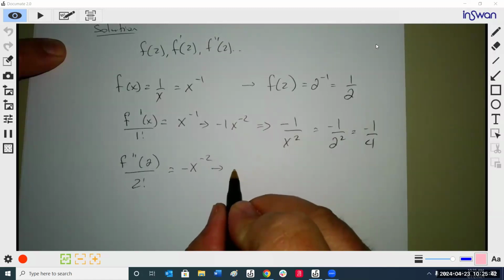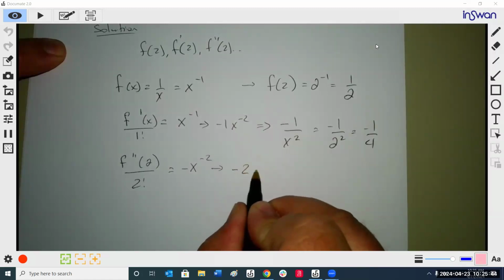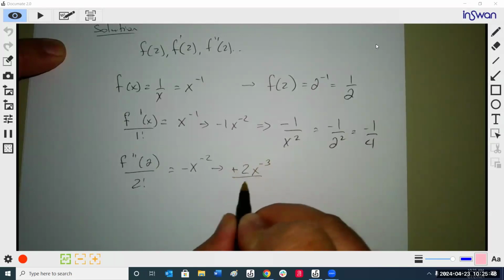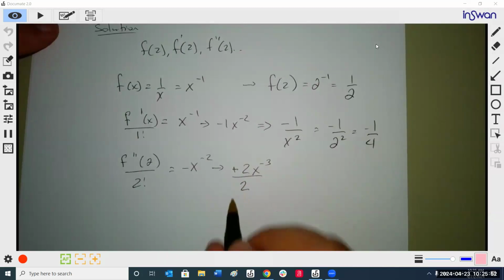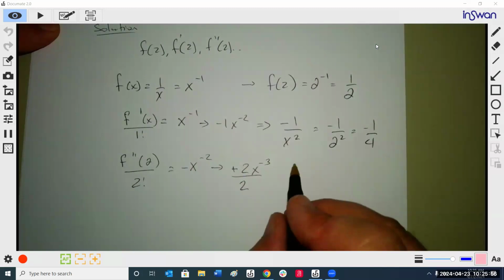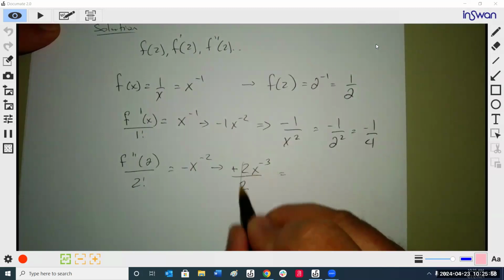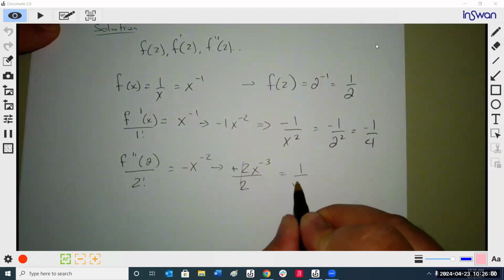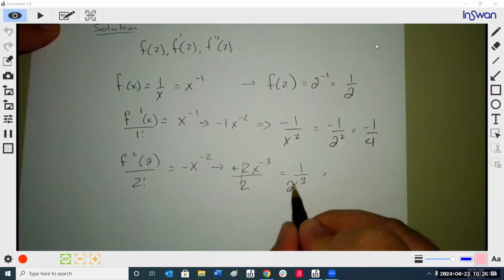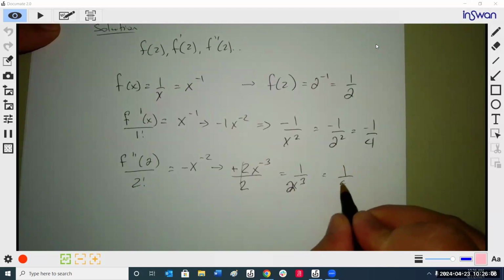The derivative of that makes it negative 2, positive 2 over 2 cubed. One over x cubed, 1 over 2 cubed, just 1 over 8.